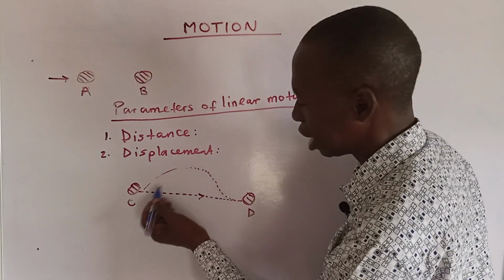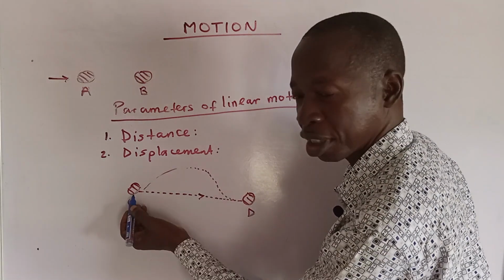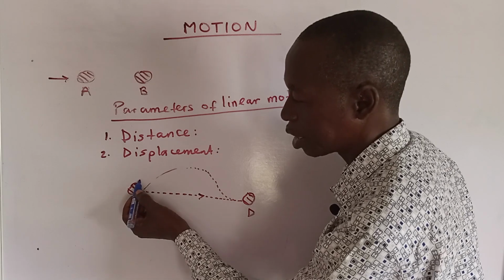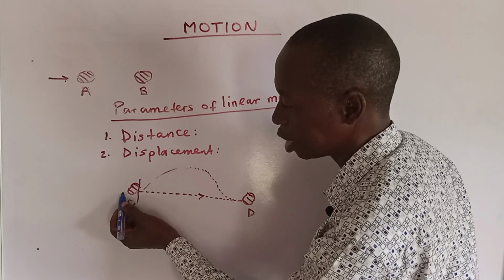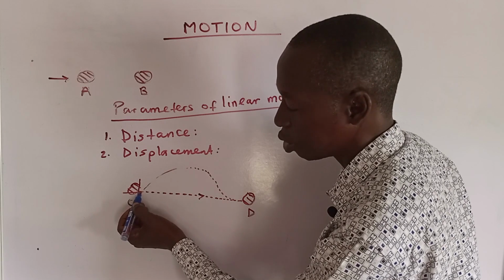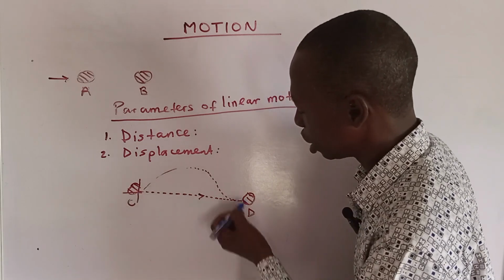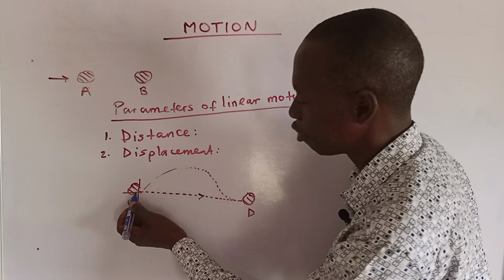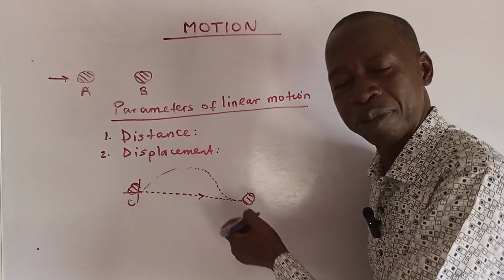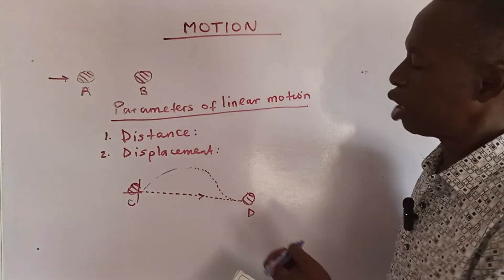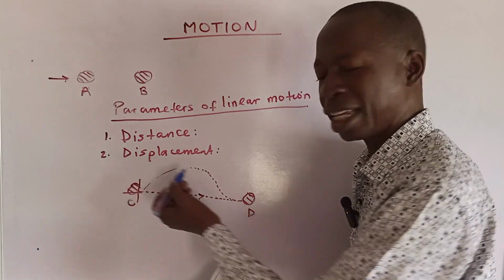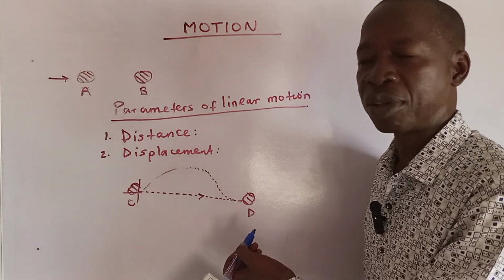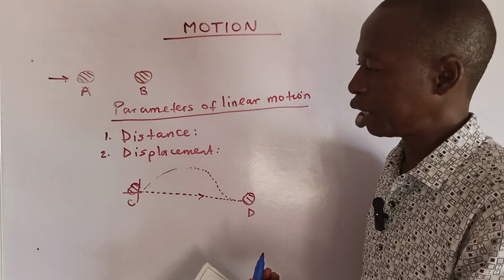I can actually get the bearing of D from C. It will give me a certain angle if I were to get that bearing. So I would know the angle at which D is located from C. That's a specified direction. So when you are measuring distance in a specified direction, you talk about displacement.